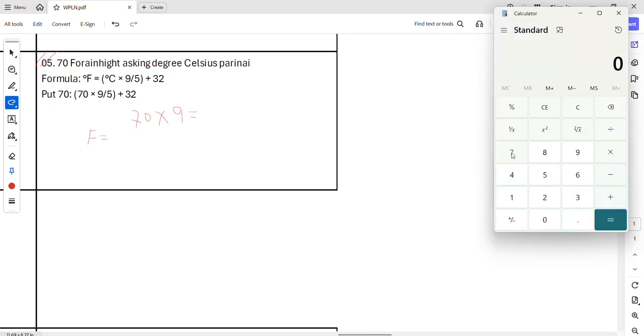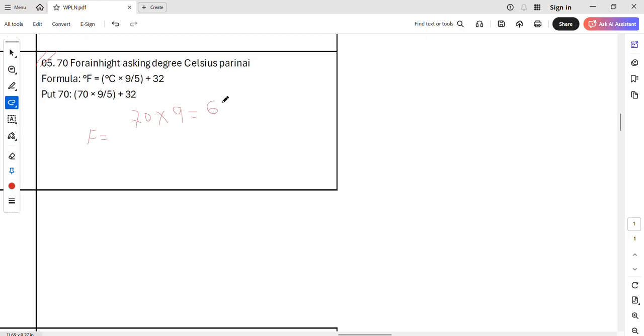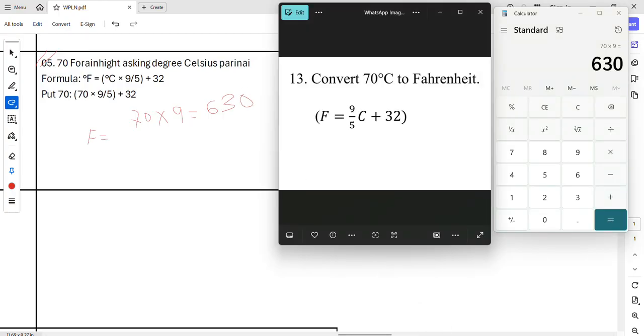So 70 multiplied by 9 is 630. So you got 630. So what does that formula say? Plus 32, right?